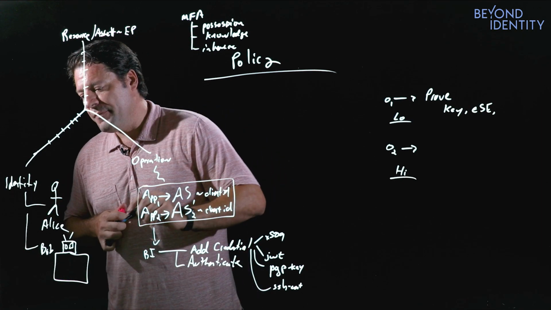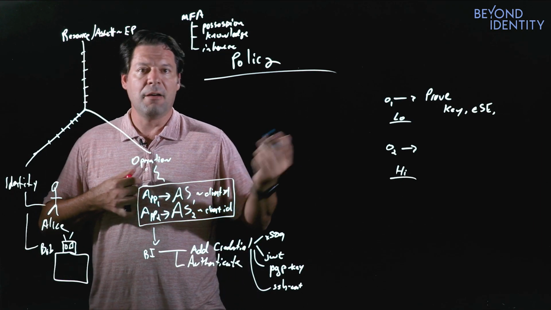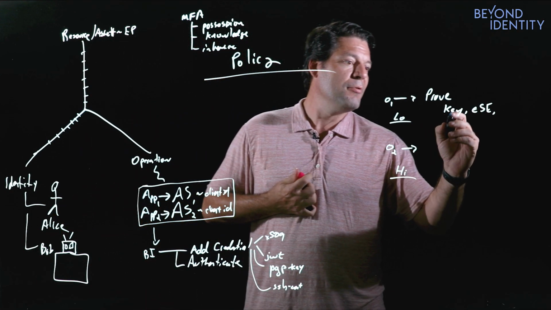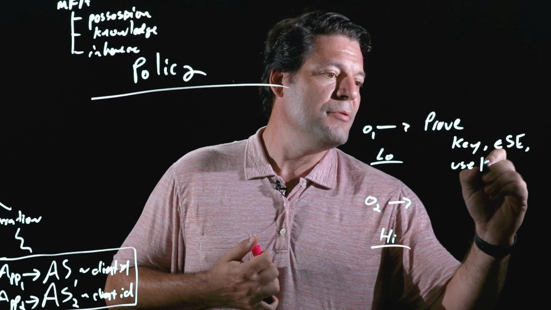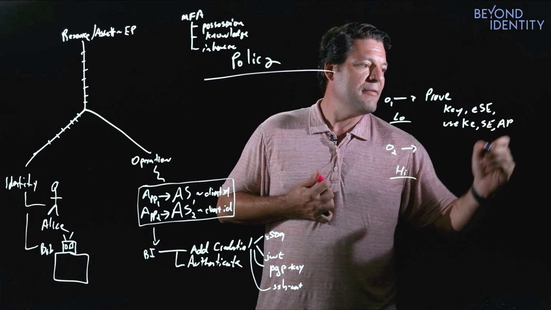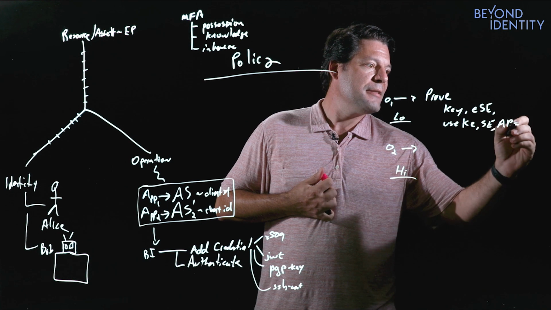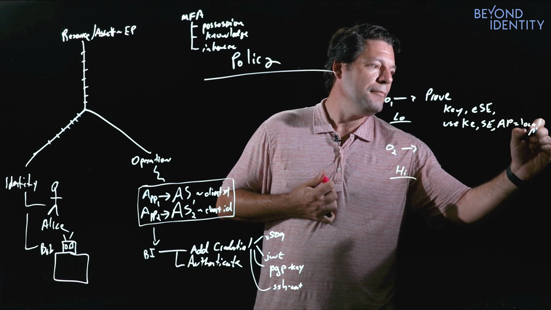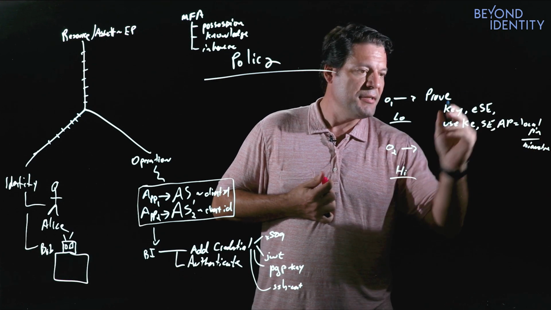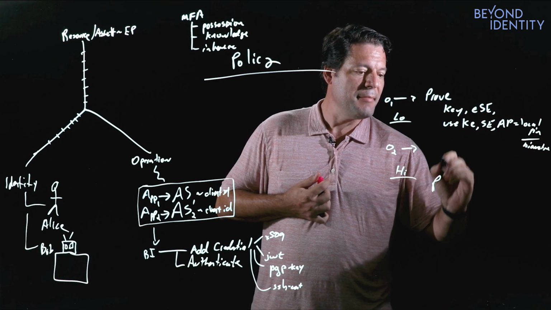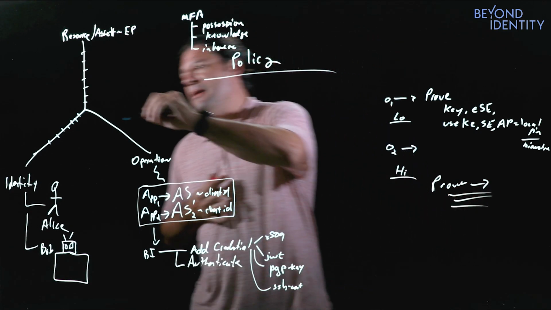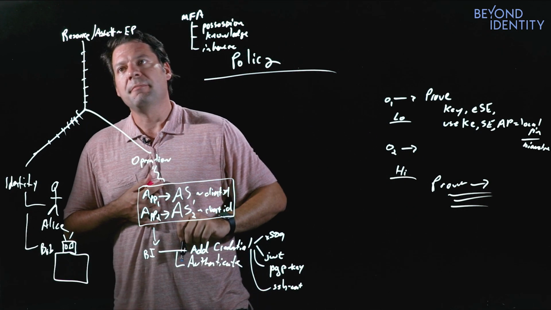Now, remember we talked about how we can do inherence with the biometric or the local PIN or the password on the device. So I can also say, prove that they can use a key that's in an enclave, where the authorization policy of that key has a local PIN, or a biometric if we wanted to go the inherence route. And assume we have that same statement down here as well. I'm not going to copy it all. So that lets us go a little bit deeper on this dimension.